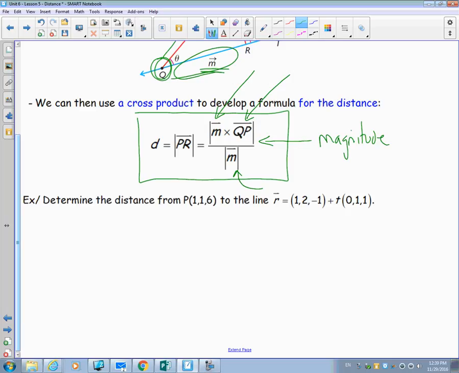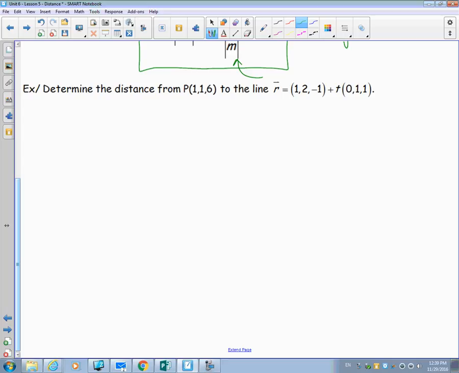Okay, so we'll try one of the basic ones. The direction of my line obviously is 0, 1, 1. I want to figure out the distance from that line to this point. If I know a point on my line, call it Q, I can figure out a vector that joins these two things together. We'll call that PQ.